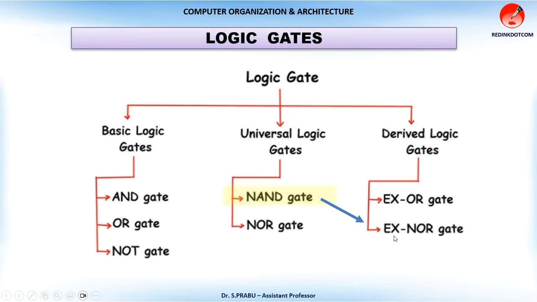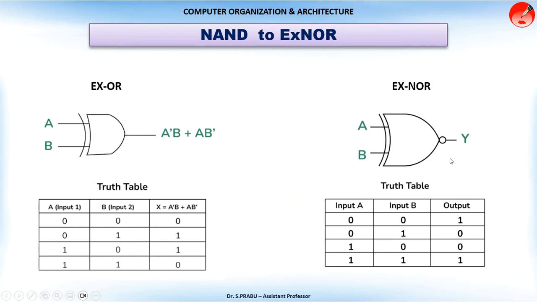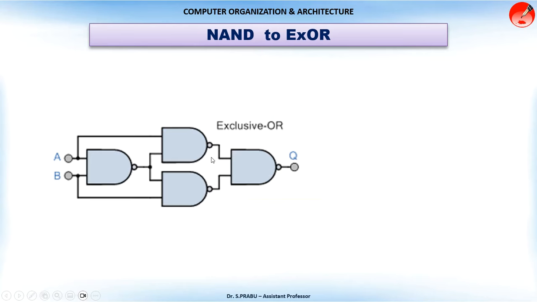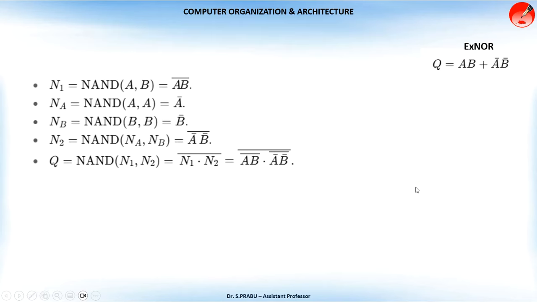And the last one is XNOR gate can be designed from NAND gate. First you compare XOR gate and XNOR gate. So XNOR gate gives the inverted output of XOR gate. So we already designed XOR gate from NAND gate. You just add the NOT gate operation here, then you can get the XNOR gate. So this is the one way. And another way is some simplification of Boolean algebra.